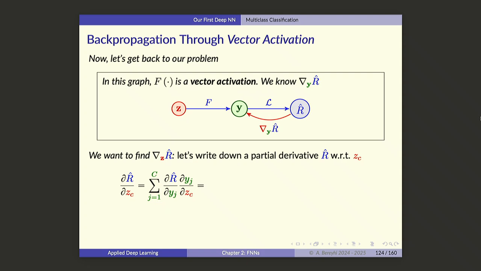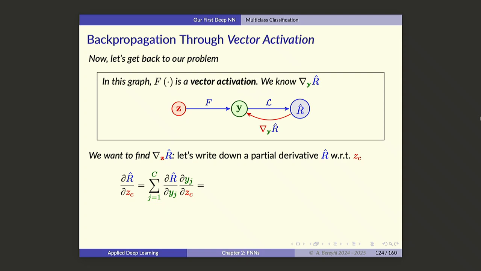Should I stop? No, because not only is y1 a function of z1, y2 is also a function of z1, right? So I'm going to write it down as plus partial derivative of r hat with respect to y2 times partial derivative of y2 with respect to z1. Should I stop? What next? y3, right? y4, and so on until I end up with all the entries that I have.